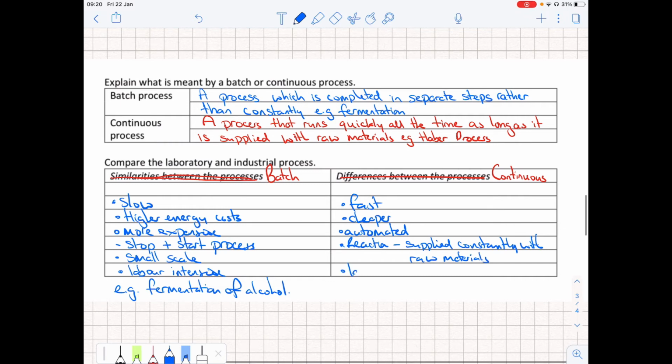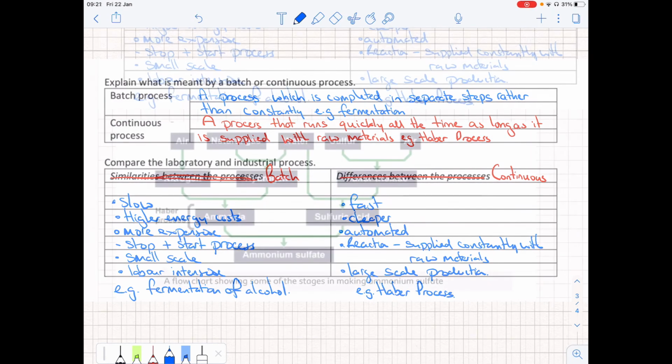And this process tends to happen on a large scale. So the production is large scale production. Therefore it's linked to industry, which would be using these types of processes to make them cheaper, faster, and make larger amounts of products. The example that we mentioned earlier is the Haber process. That would fit these criteria as a continuous process.